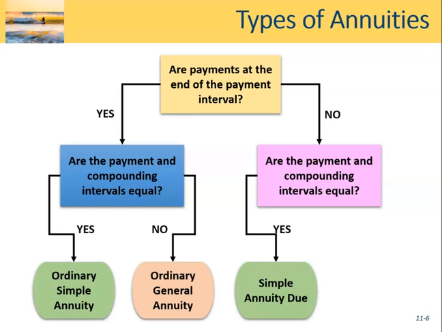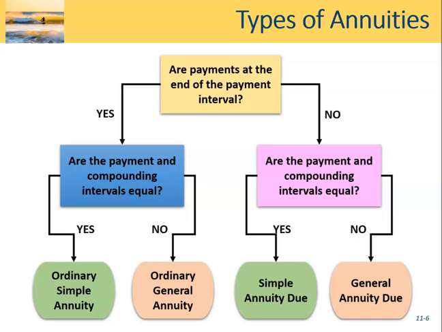So instead of an ordinary simple annuity, it would be a simple annuity due, or due at the beginning. And if the payments and the compounding intervals are not equal, say the payments are monthly but it's only compounded quarterly, then it's a general annuity due.